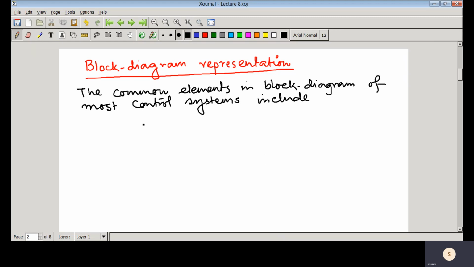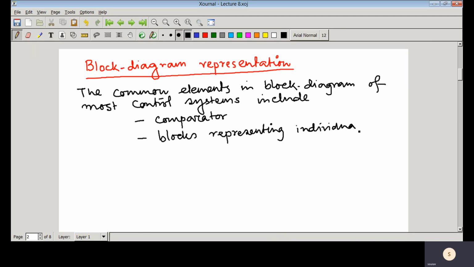So those are comparator, then blocks representing individual transfer functions, so I am writing the abbreviated term TF for transfer functions.